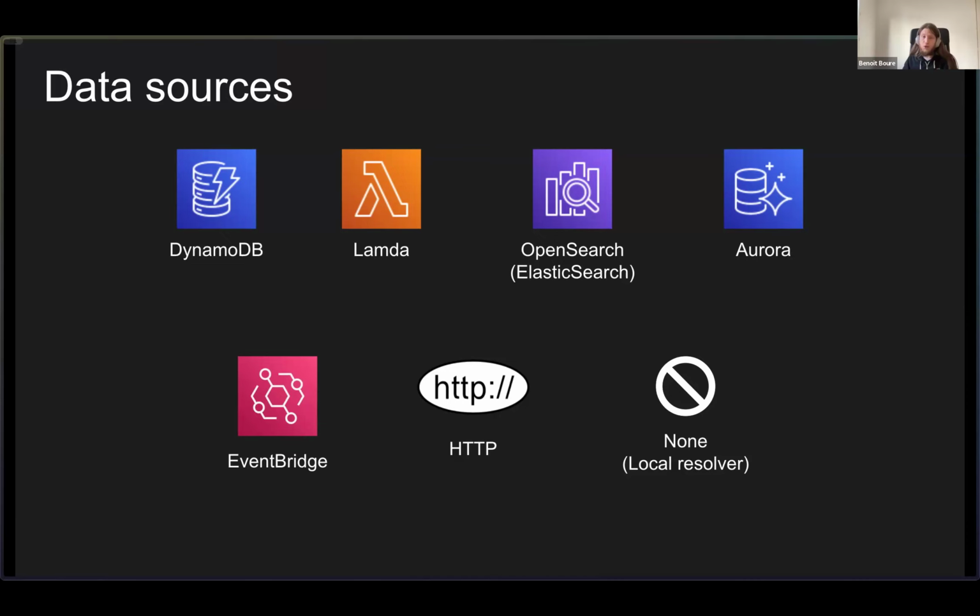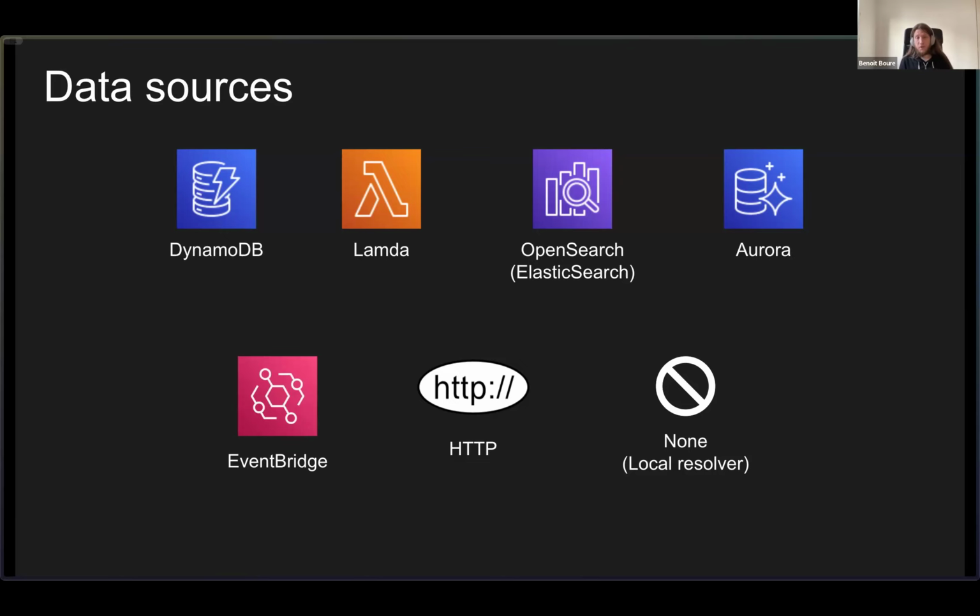There's also OpenSearch, which is also known as Elasticsearch, which is used for fast search capabilities. So your API can do searches in your backend. RDS, which is for if you want to use relational databases like MySQL or Postgres.